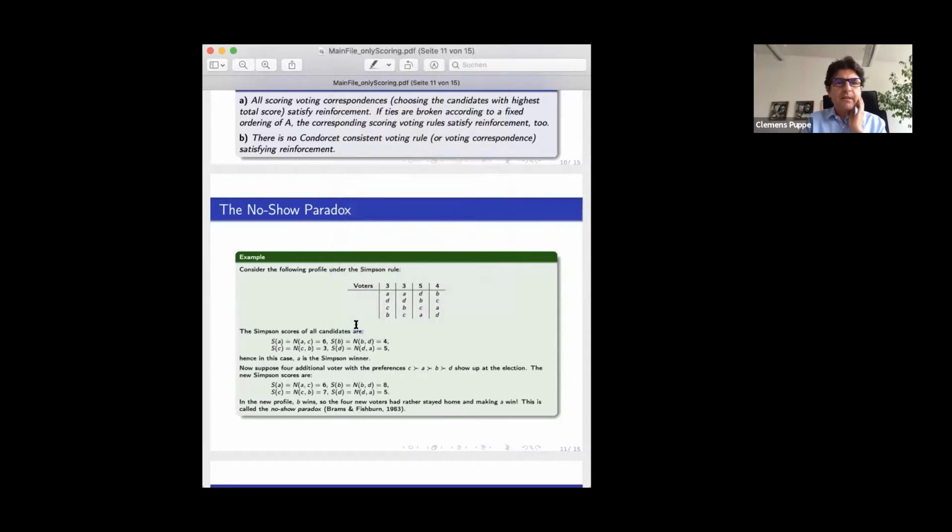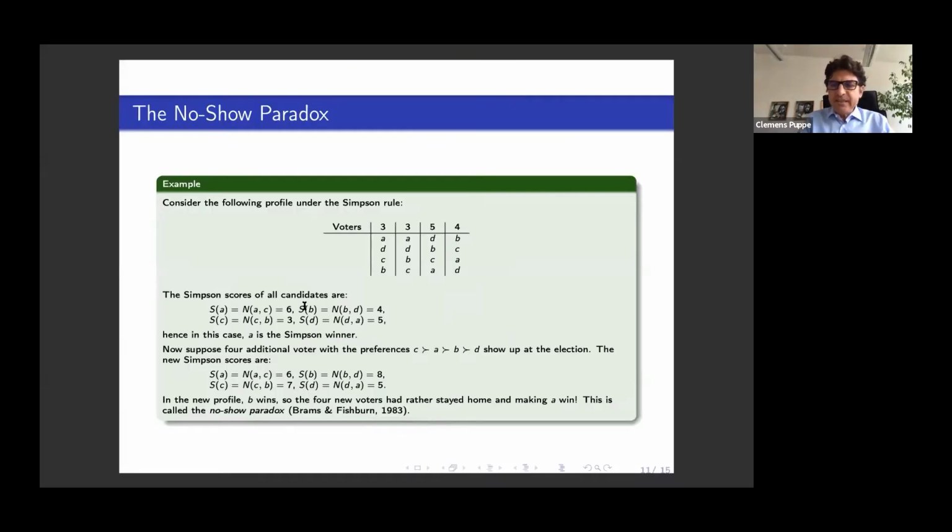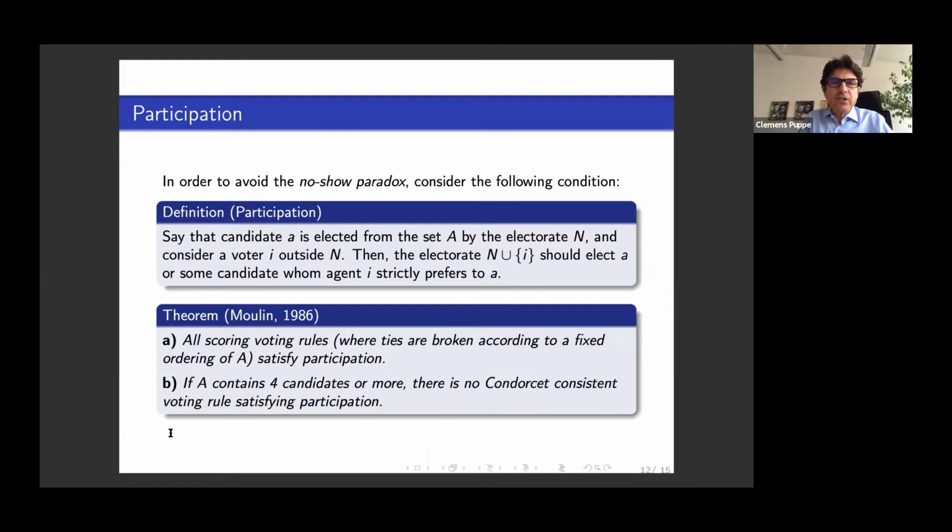So here it is. We have seen this no-show paradox that the Simpson rule has. And then we have seen the theorem by Moulin that actually all Condorcet consistent voting rules somehow suffer from that defect, from this no-show paradox, right?